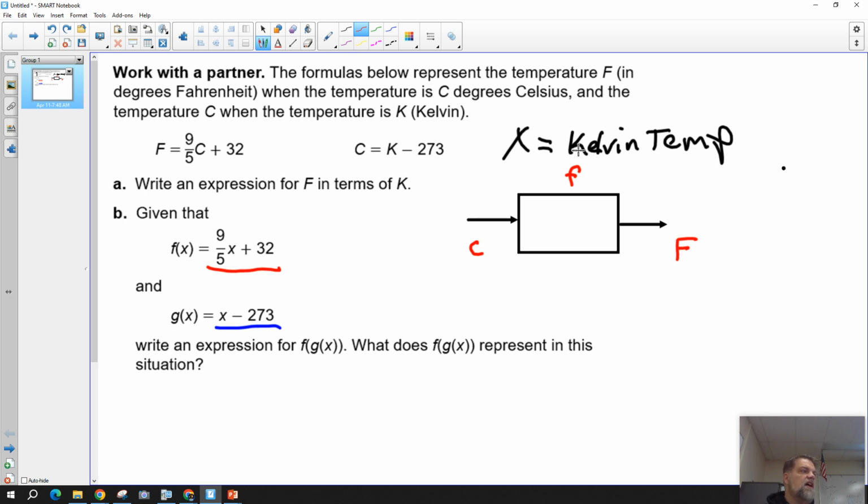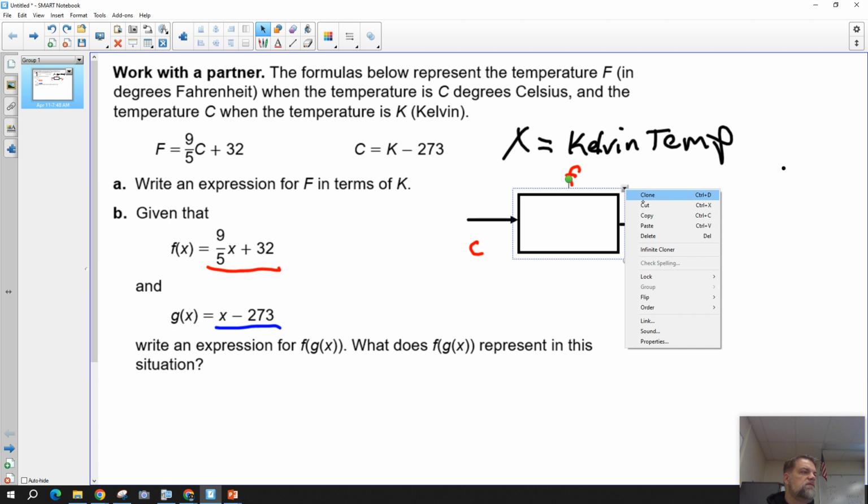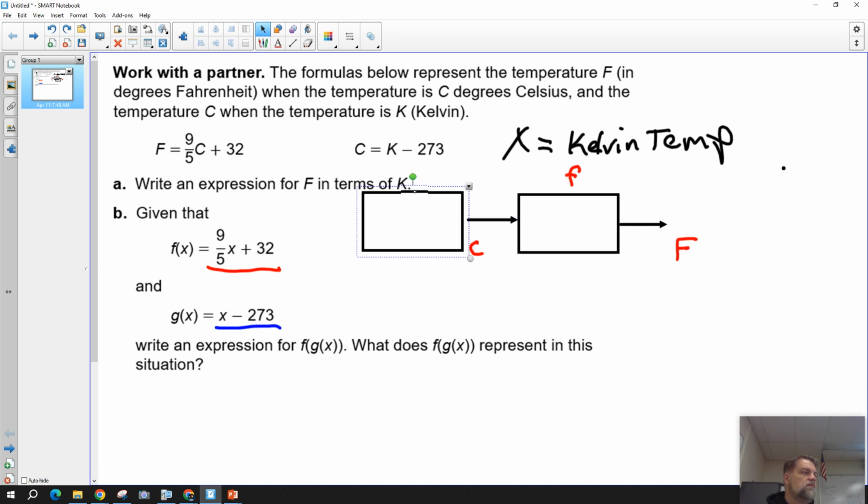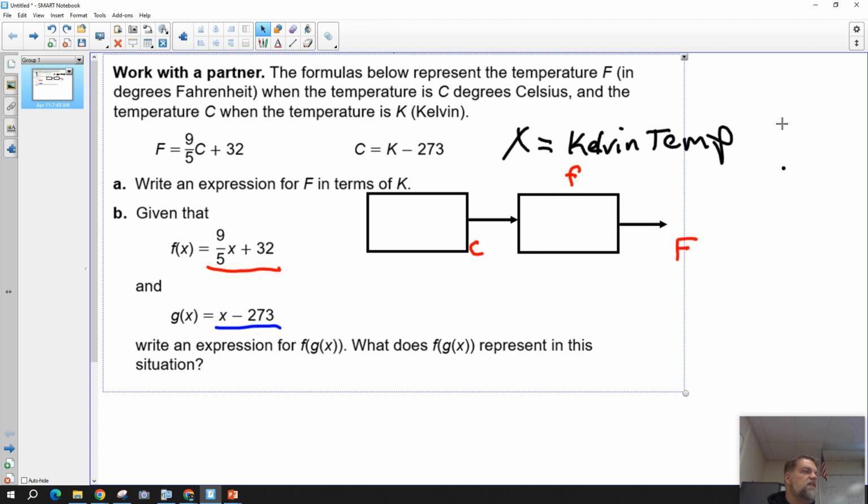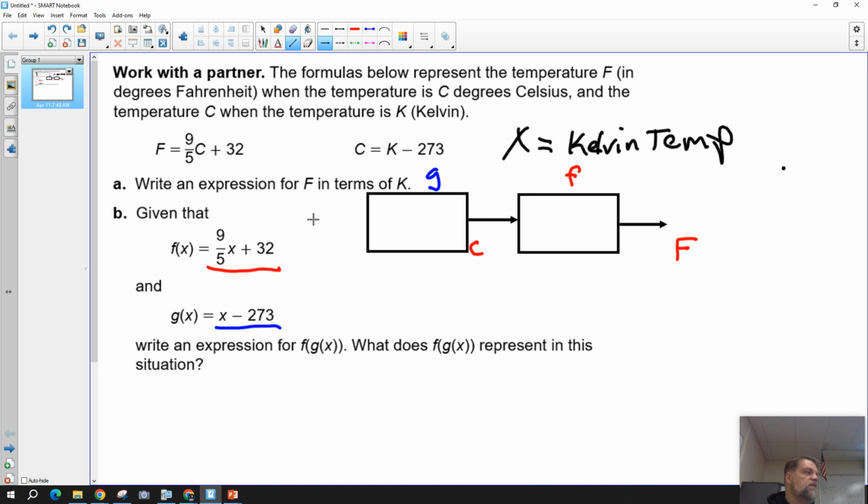But we're starting in Kelvin because x represents Kelvin. So then I've got another function and we'll call this function g that actually takes Kelvin and converts it to Celsius.